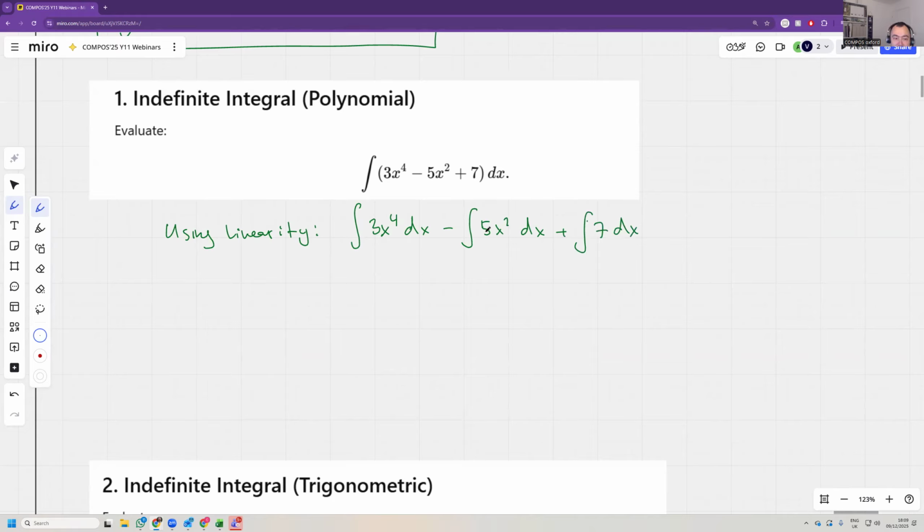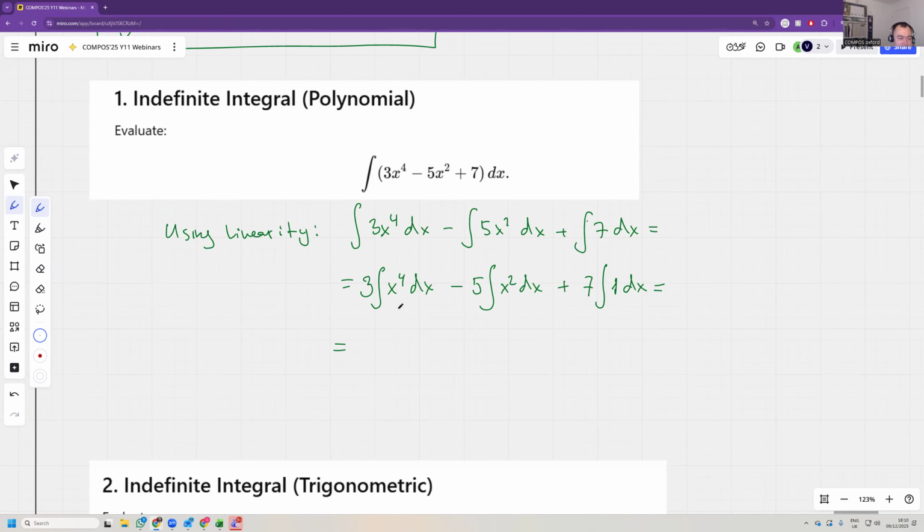And I'm going to take out the 3 here. So it's 3 times the integral of x to the power 4 dx minus 5 times the integral of x squared dx plus 7 times the integral of 1 dx. Okay.